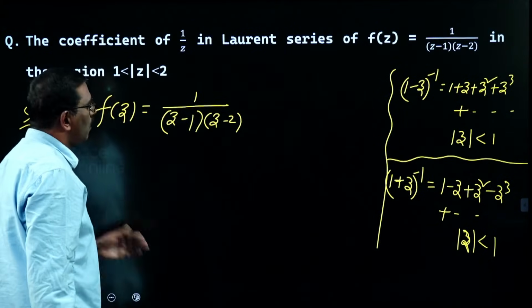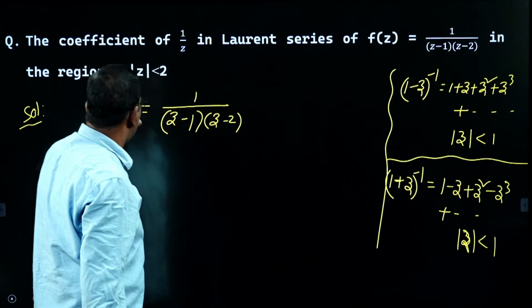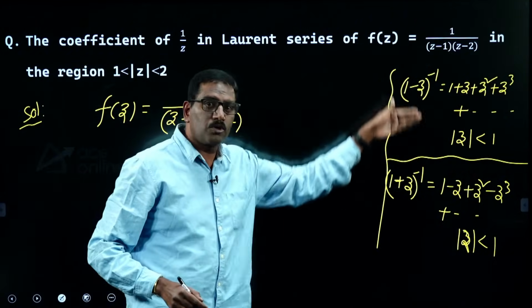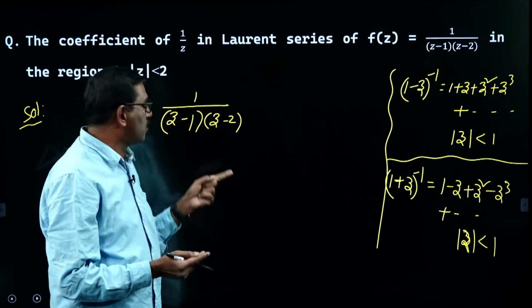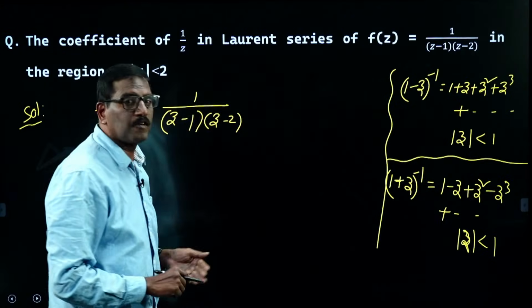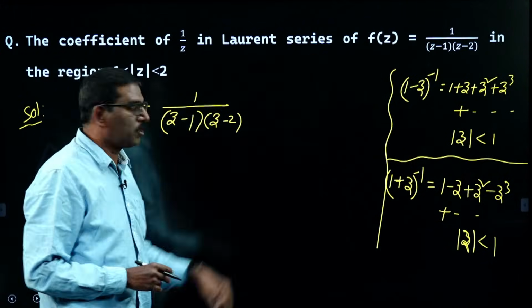Clear? Now, I am going to use these expansions for this function. So, how? To use this Taylor series expansion, first you resolve into partial fractions. Why? This expansion is given for a single factor, but here a product of two factors is there. If you resolve into partial fractions, then it is possible to use them.